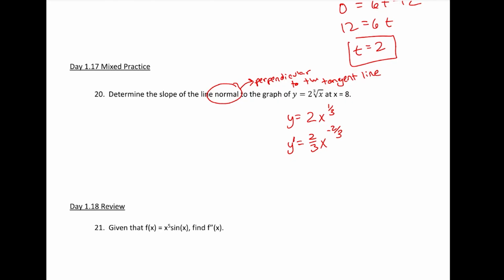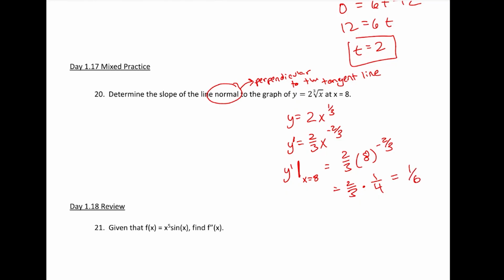And so if we want y prime at 8, I don't really like that notation, but sometimes you'll see it with a little bar here, at x equals 8, that's going to be 2/3 times 8 to the negative 2/3. So really this will be 2/3 times 1/4, which equals 1/6.